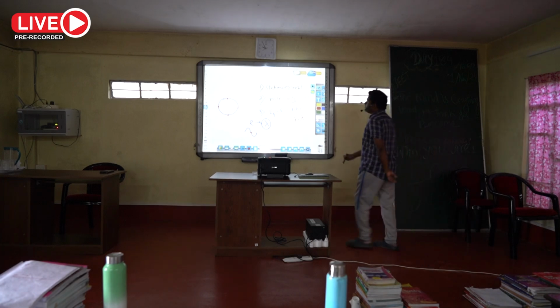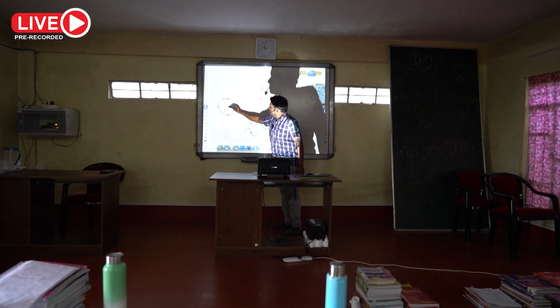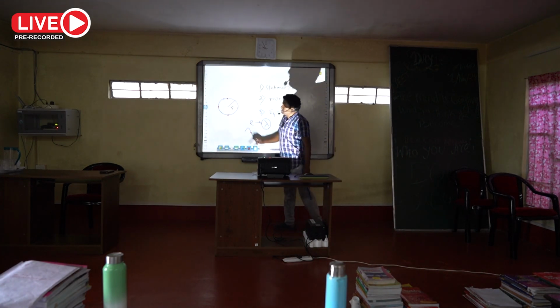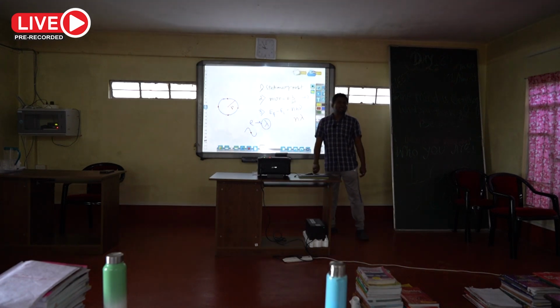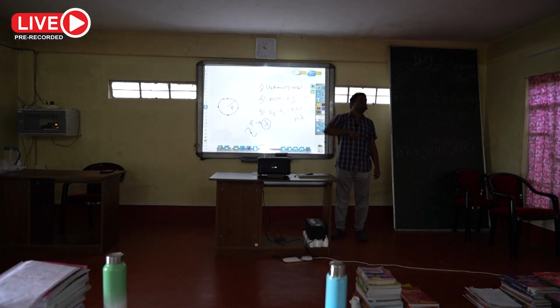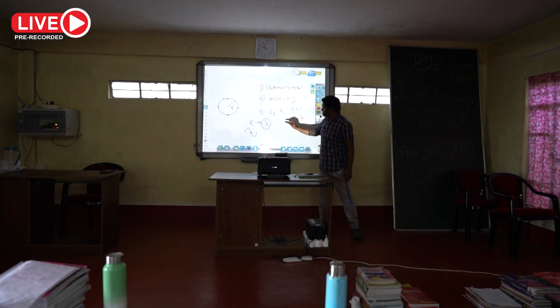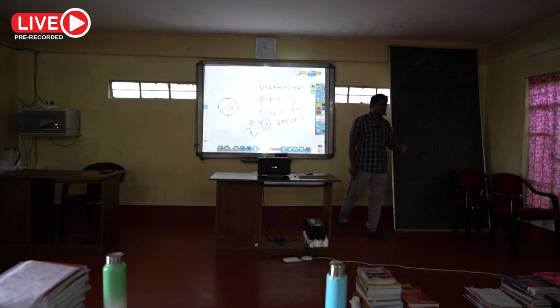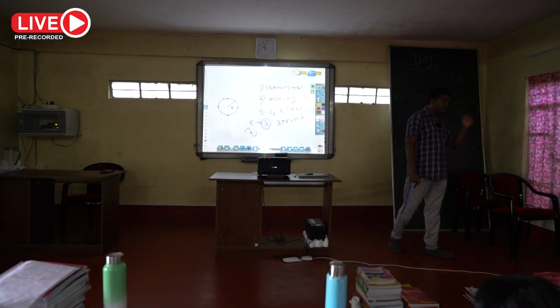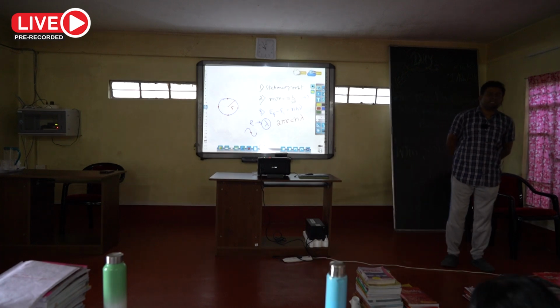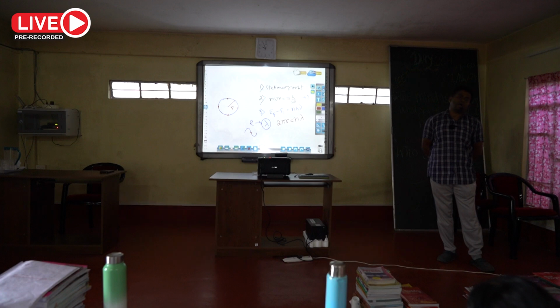And if this particular orbit has radius r, then what is the length available in the circumference of the orbit? 2 pi r. So equate this to n lambda, and write 2 pi r will be exactly matching with n lambda.